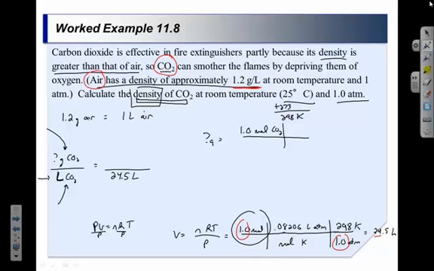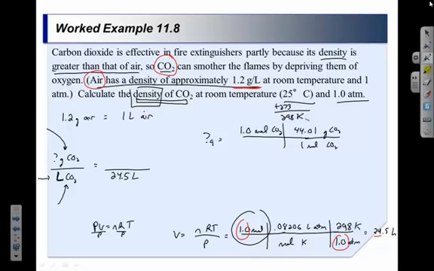So CO2 has 1 carbon, that's 12.011. 2 oxygens. And that gives me 44.01 grams of CO2 per 1 mole of CO2, right?